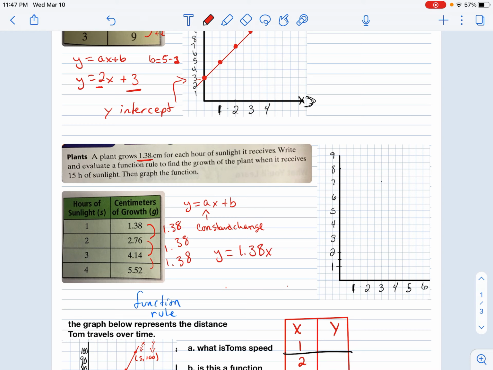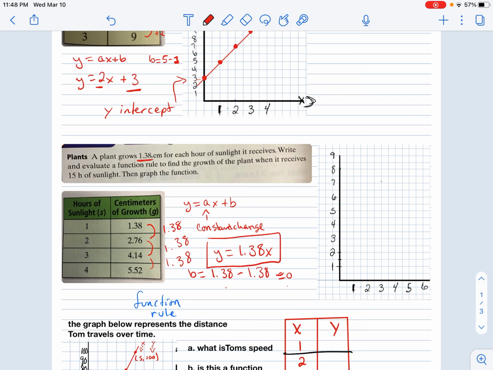And then if we want to find b, it would be 1.38 minus a, which is 1.38. And so that's just going to equal 0. So there is no b value. So this right here is going to be our function.